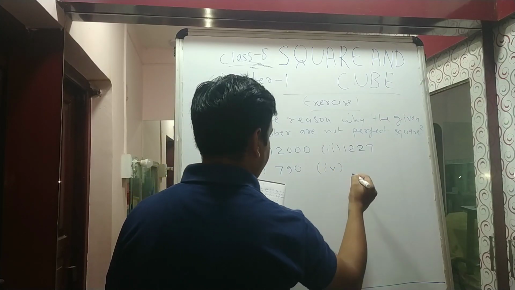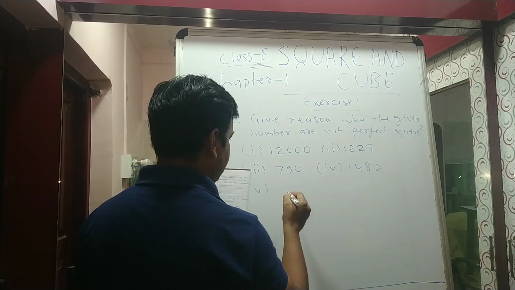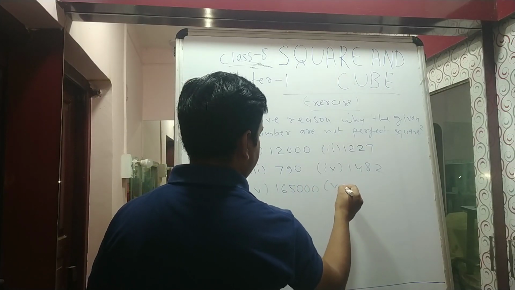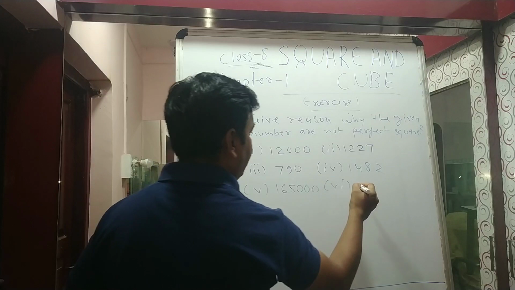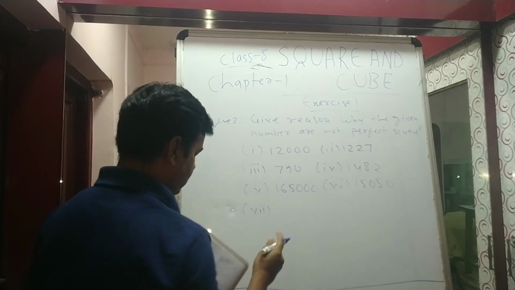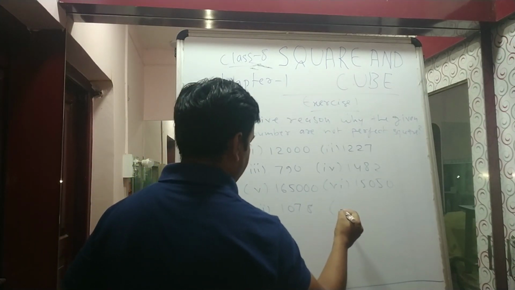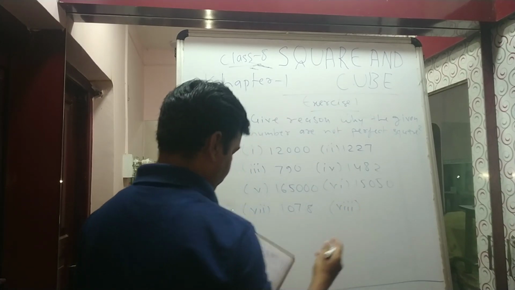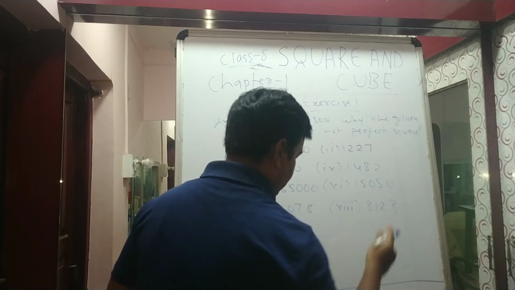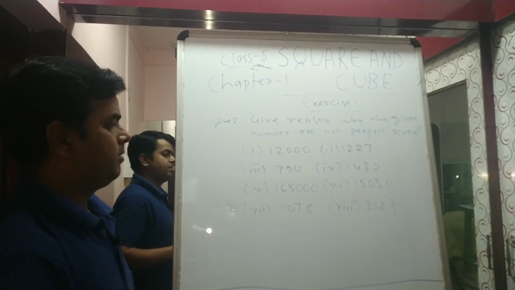Fourth is 1482. Fifth, 165000. Sixth, 15050. Seventh, 1078. Eighth, 8123. Just by seeing, you need to tell whether the number is a perfect square or not.